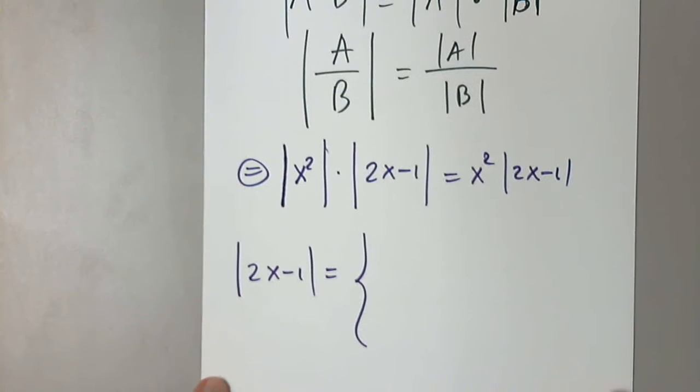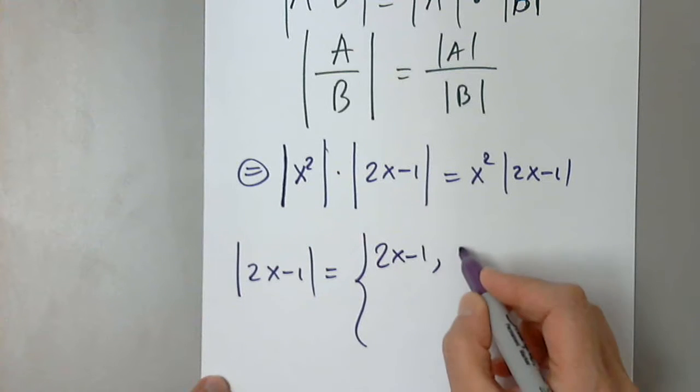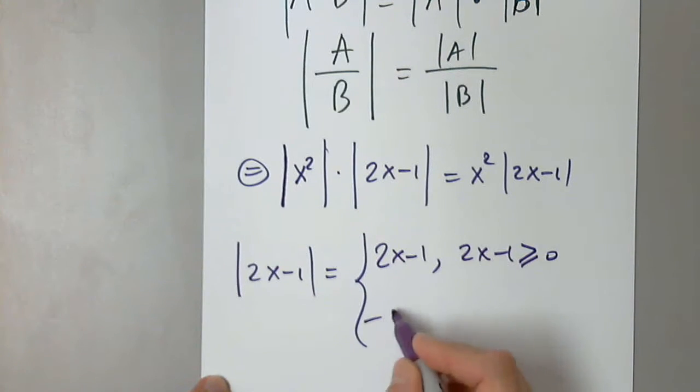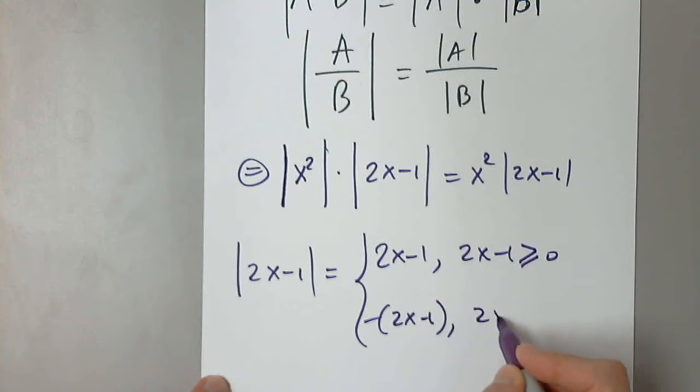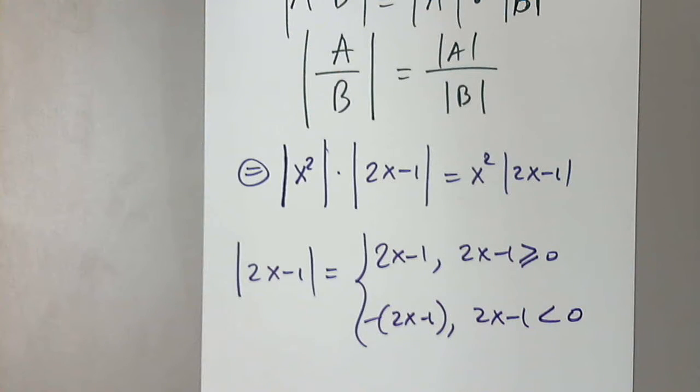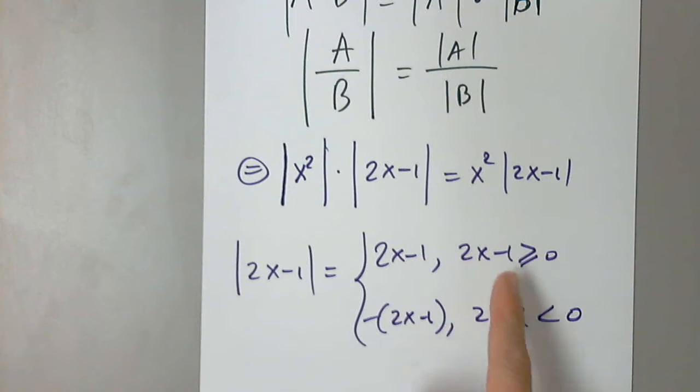Remember, I have to write it 5 times. 2x minus 1, 2x minus 1, 2x minus 1, 2x minus 1, by simply using the absolute value definition, the formal definition. I have to write it 5 times in the expression, and then 4 more times. 1, 2, 3, 4, 5.